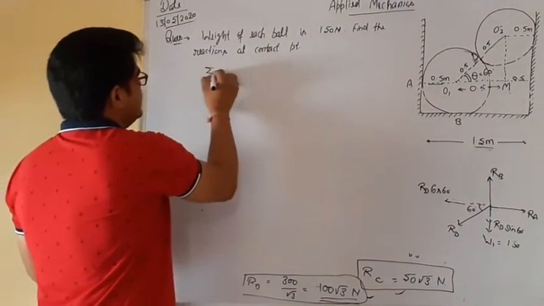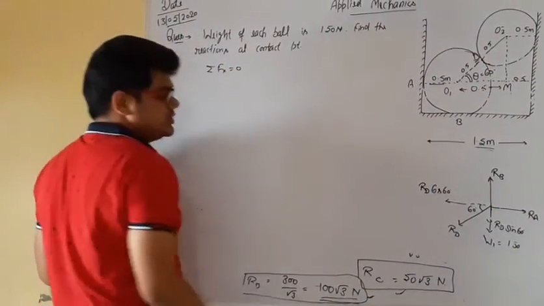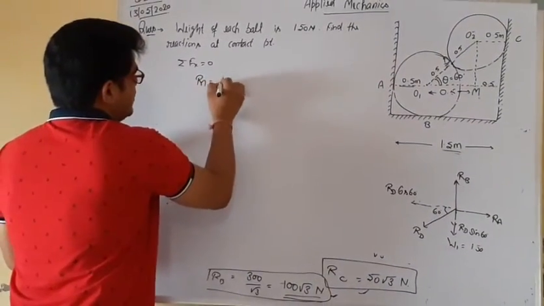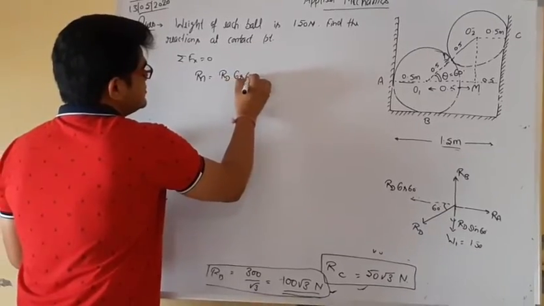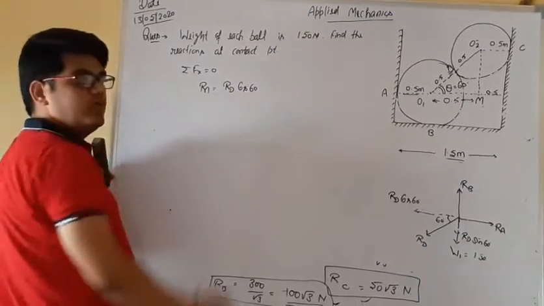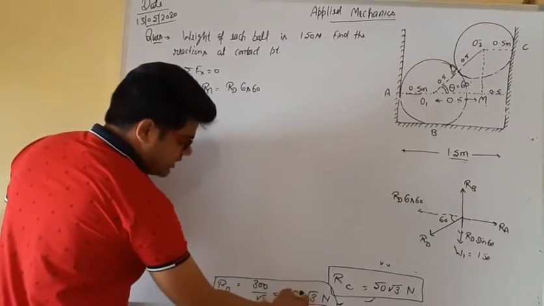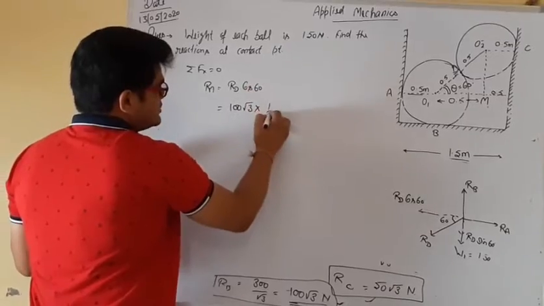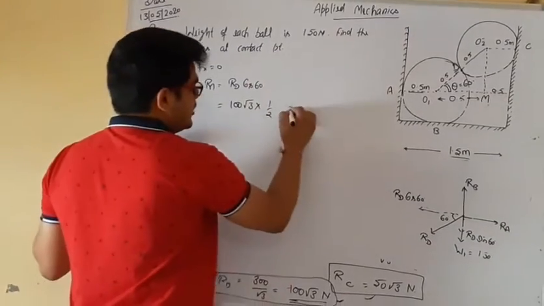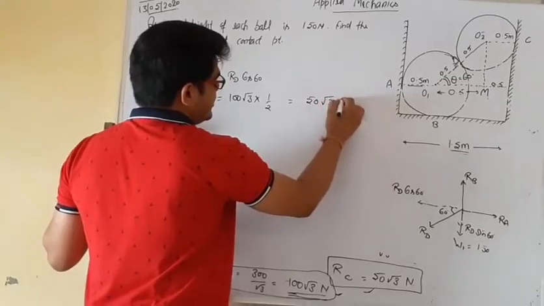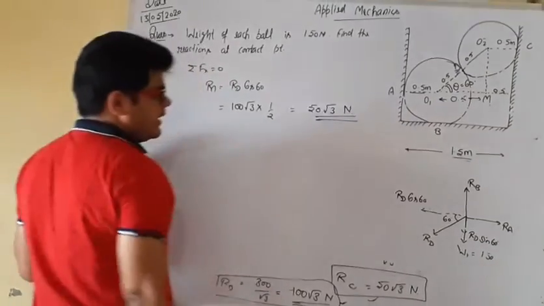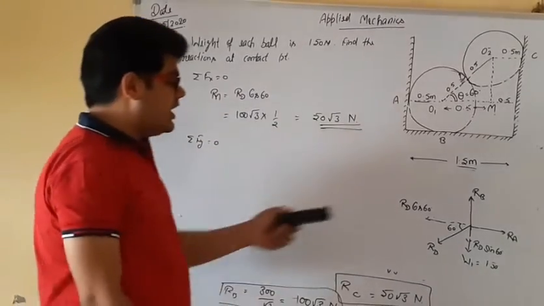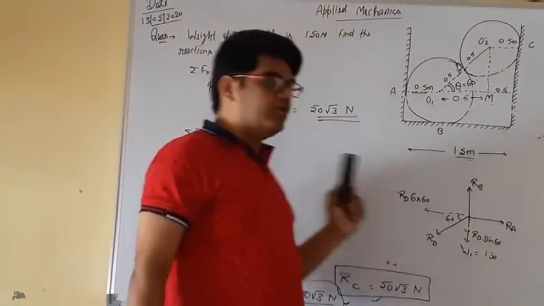Summation Fx equals 0 means RA equals RD cos 60. Here cos 60 is 1 upon 2 and the value of RD is 100 root 3, so the value is 50 root 3 Newton. Summation Fy equals 0, that means upward force equals downward force.